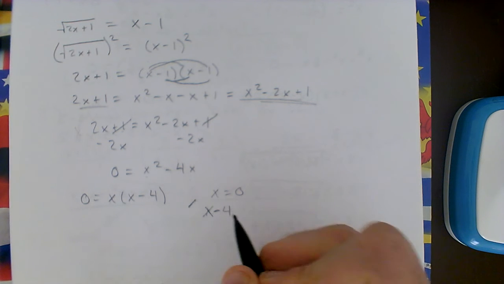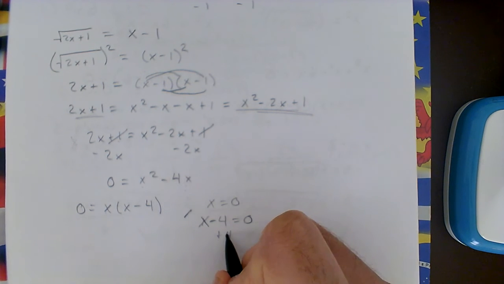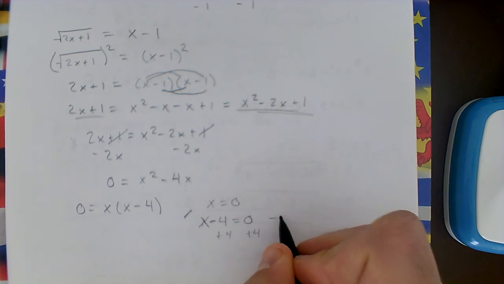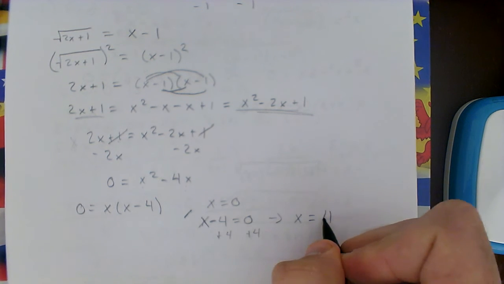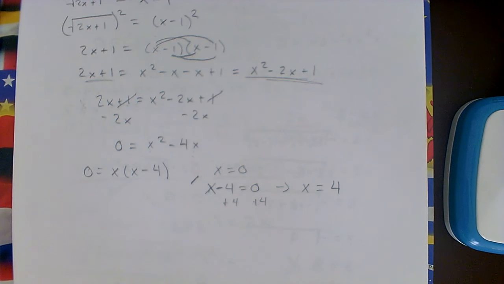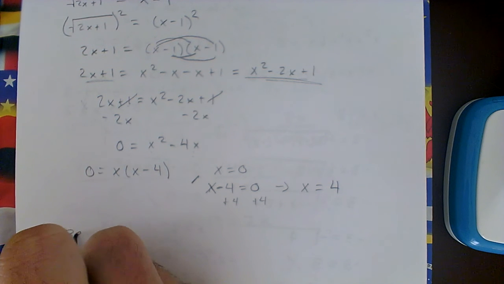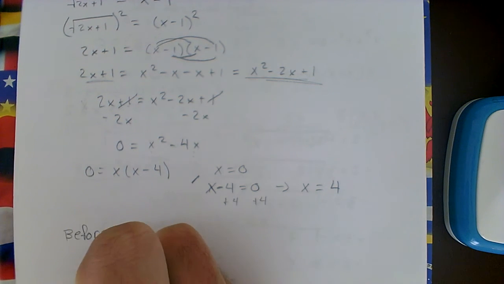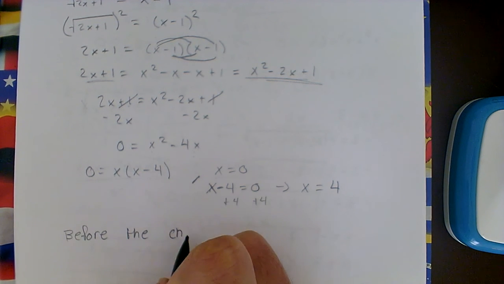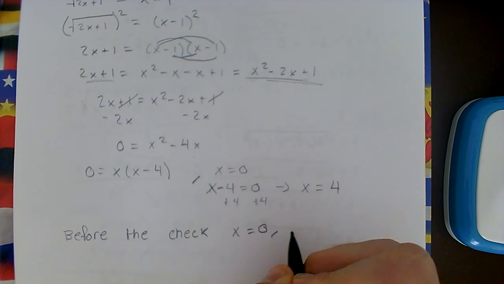So x equals 0 is already solved. x minus 4 equals 0 can be solved by adding 4 to both sides to get x is positive 4. So our solutions before we check the original equation are x equals 0 and 4.